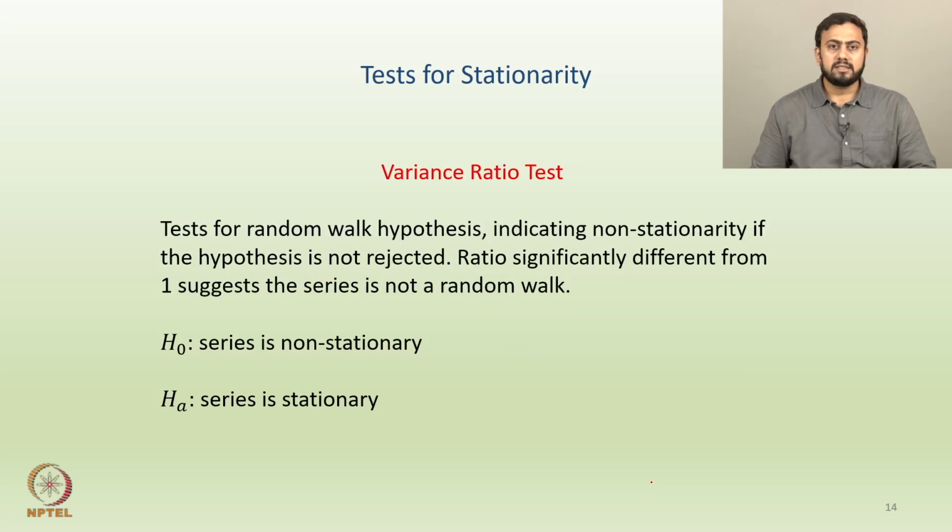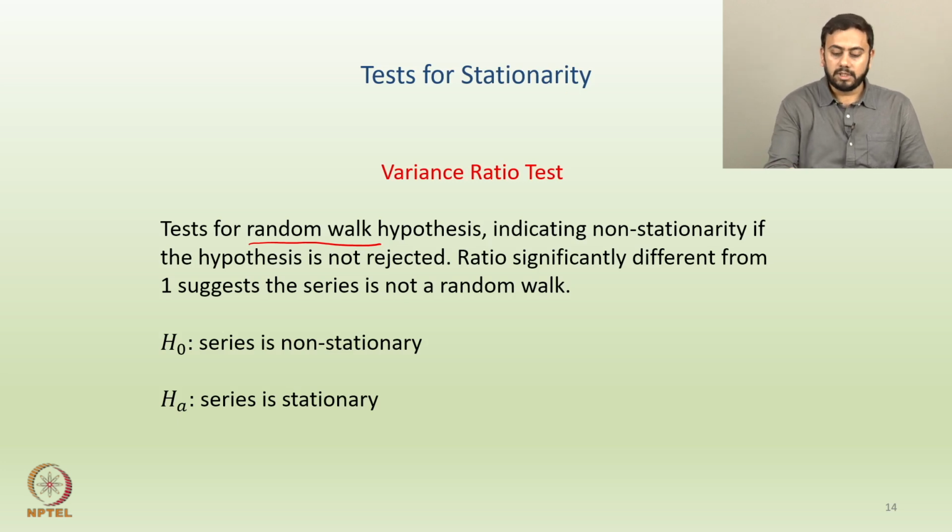And then the last test is called the variance ratio test. What exactly do you mean by variance ratio test? This tests for a random walk hypothesis indicating non-stationarity, because all of us have seen in previous lectures that any random walk is not stationary. It compares the given series with a random walk. If you see resemblance with a random walk, then one can argue that the series is not stationary.